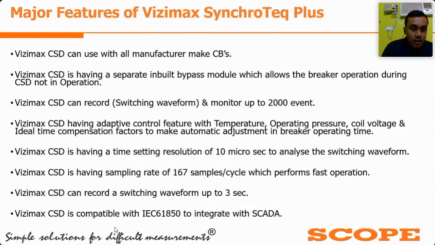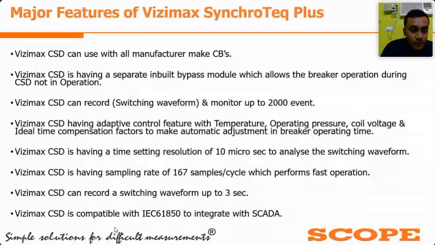Next one is Vigimax Sync CSD has a time setting resolution of 10 microseconds to analyze the switching waveform. Only in our CSD we can show you a very fine graph of close and opening, which we will show in the next slide in this webinar session.